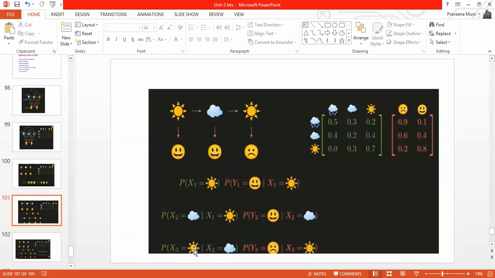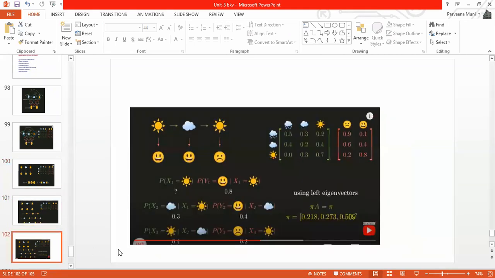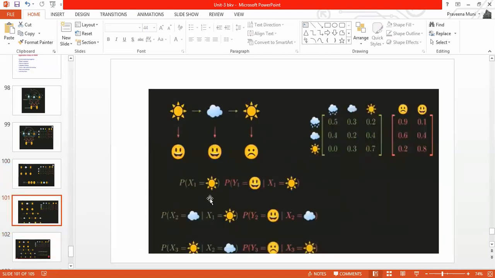And the probability of sad given that today's weather is sunny? This equation we have discussed, and it will be expanded using this equation. We know all these values.